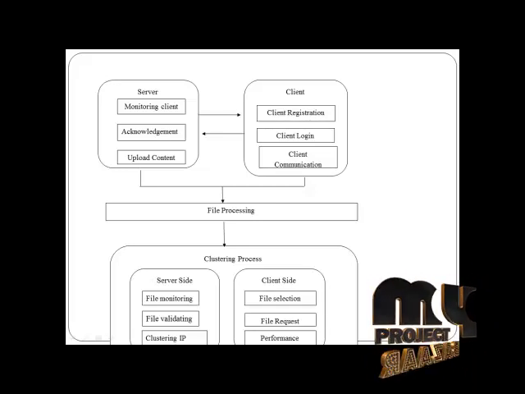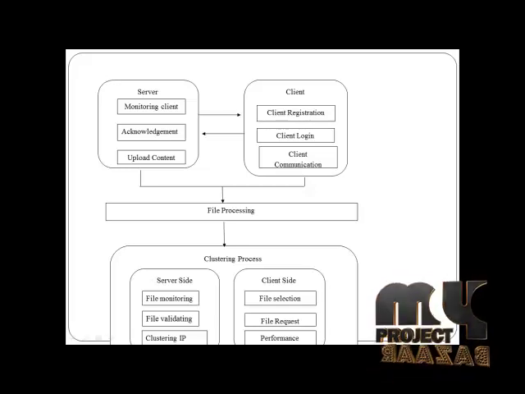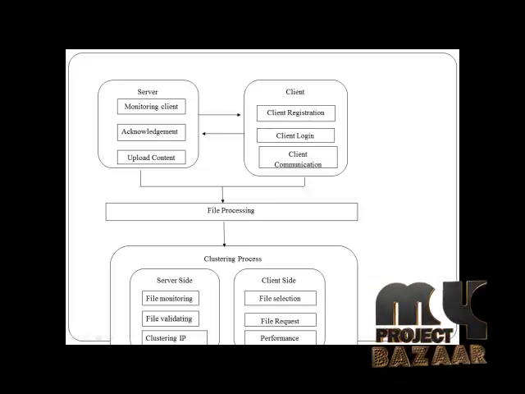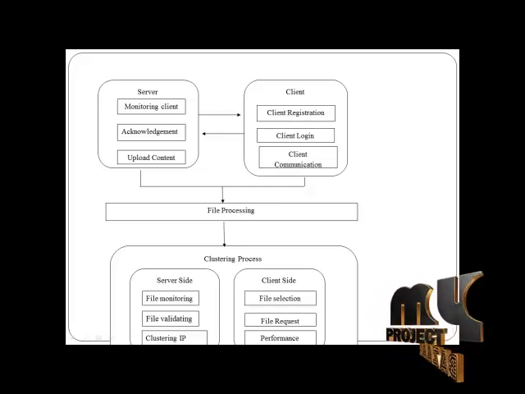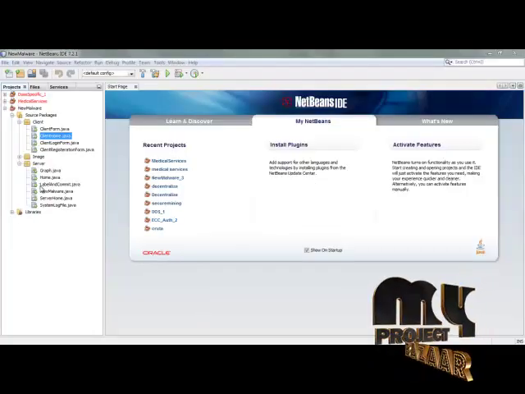The server accepts the client's request, monitors it and validates the file request. Then it clusters the IP addresses, evaluated on the basis of the IP from the client registration. Now the demo of the process.